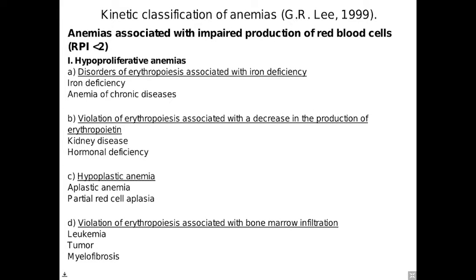Aplastic anemia occurs as a consequence of bone marrow replacement, as a consequence of, for example, too frequent radiological treatment, the influence of X-ray, and so on. Also, bone marrow infiltration in the case of some malignancy of blood, leukemia, mostly acute leukemia, of course, will be associated with anemia, but chronic leukemia can also lead to that. Tumor, myelofibrosis, and so on.